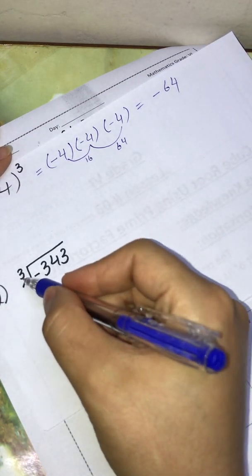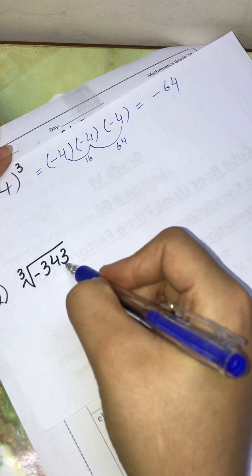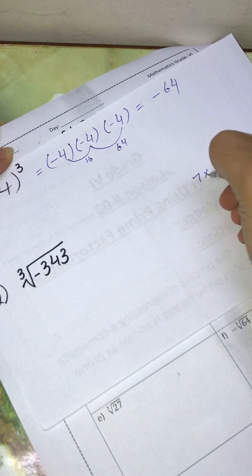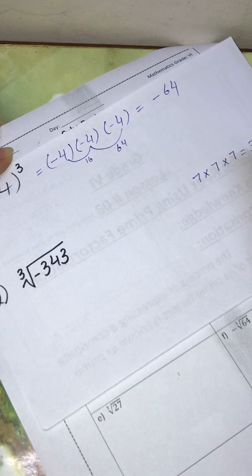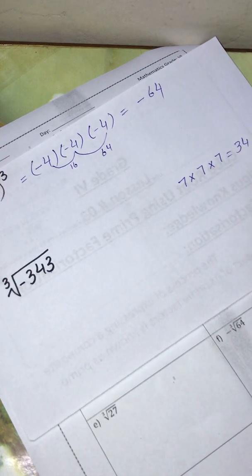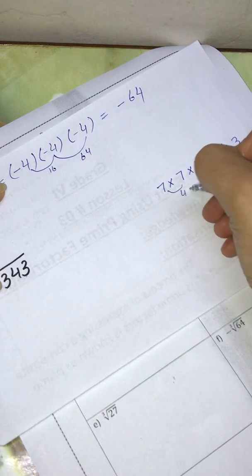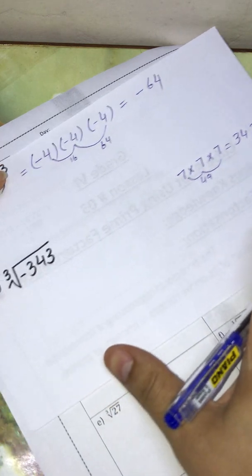Now, we have to calculate the cube root of negative 343. As you know, 7 into 7 into 7 is 343. 7 into 7 is 49. 49 into 7 is 343.